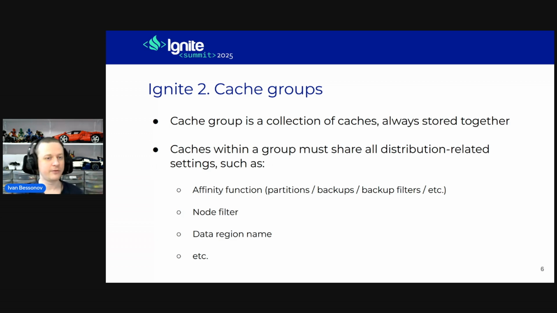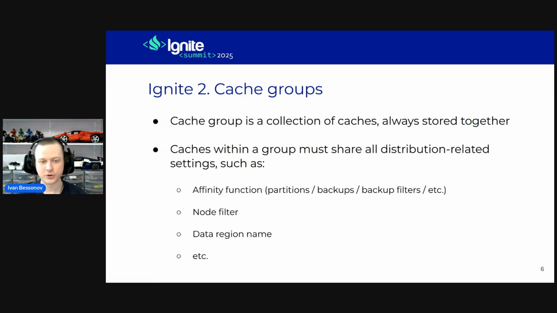In Ignite 2, we have a concept of cache groups, underrated in my opinion. So most people use just caches, not cache groups. A cache group is a collection of caches that always have the same properties related to distribution of data. So they have the same affinity function.